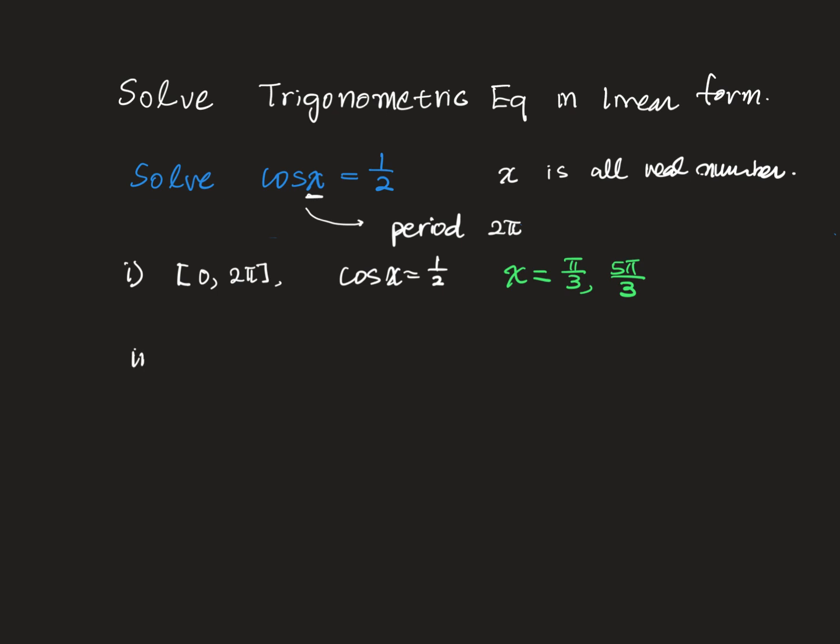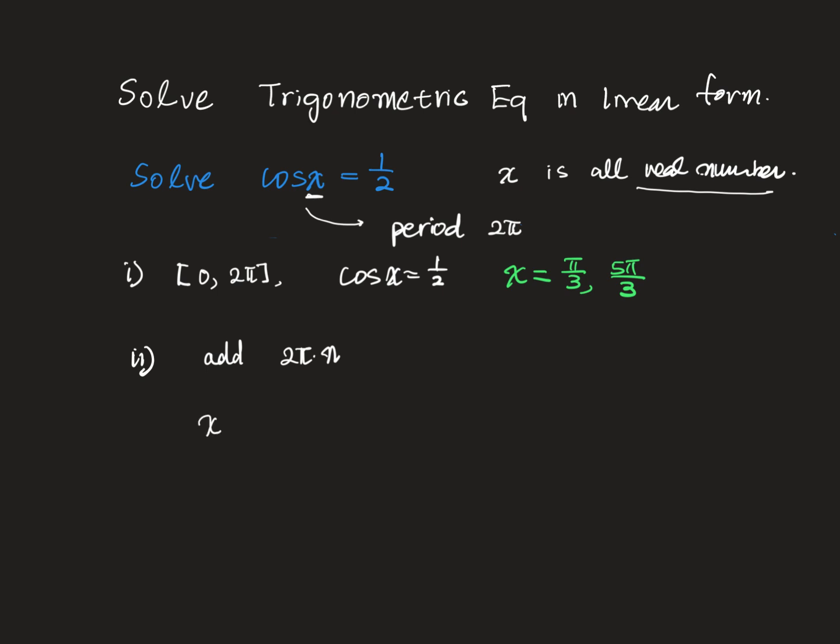Second part: we are not looking only at 0 to 2 pi. We're talking about all real numbers. But the good news is that the period is 2 pi, so you add 2 pi n, because 2 pi, 4 pi, 6 pi, 8 pi all give the same value of cosine.